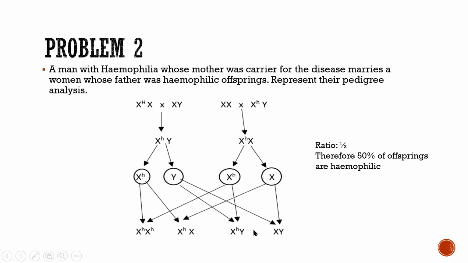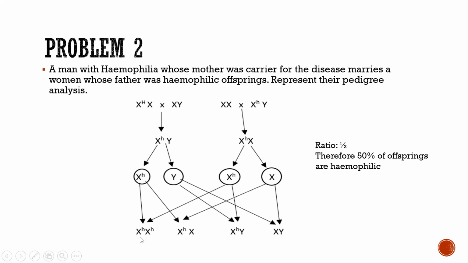This is an affected male, and this is the normal male. So what percentage of the offsprings will be affected? You can find there is a female who is affected and a male who is affected. This is a carrier female. So of the four individuals, 50% will be affected, or hemophilic, in this problem.